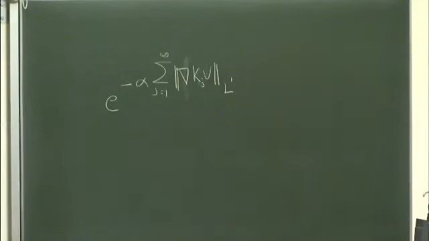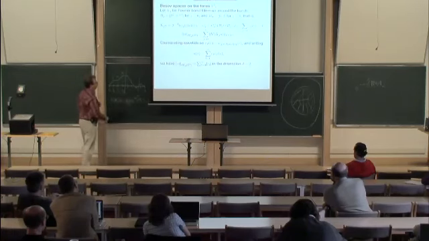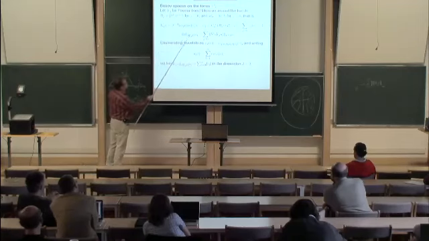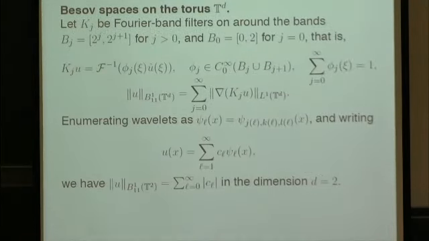And the idea is that this is a Besov space norm. This norm is actually equivalent to the Besov space norm, and there I have indices 1, 1, 1. That's a very nice space because wavelets are its basis. In particular, in the two-dimensional case, the L1 norm of the wavelet coefficients is equal to the Besov norm of this function.